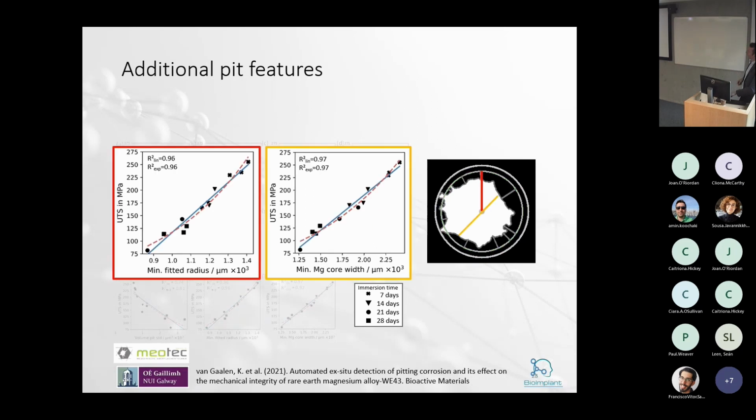And then looking at the minimum core width, so the minimum distance that was tracked across the entire section, is highly correlated with UTS. That makes a lot of sense as an engineer, because your specimen is only as strong as its weakest cross section.